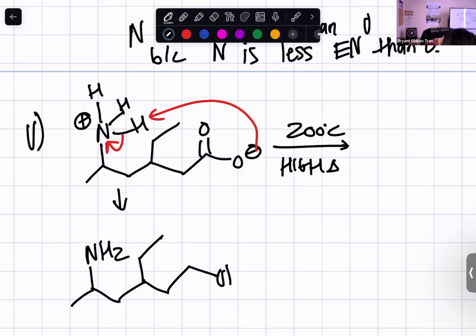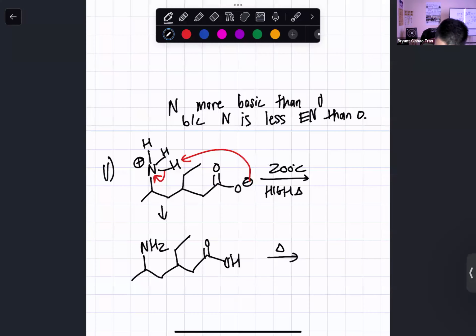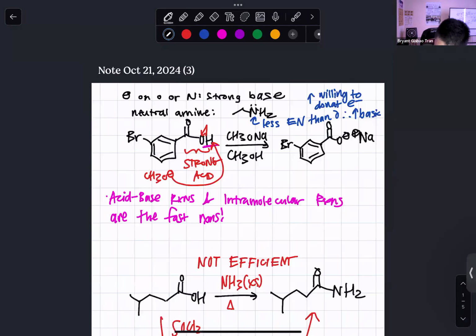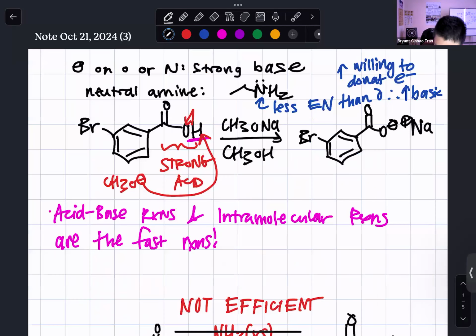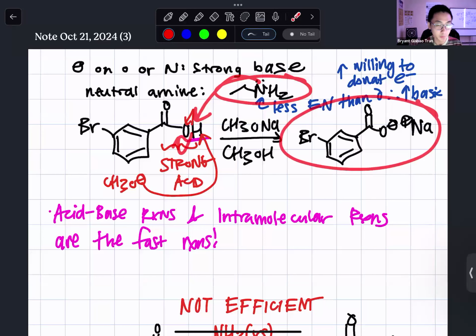So usually without high heat, like I said earlier in the beginning of the session, this amine right here would deprotonate the carboxylic acid to create the carboxylate in normal room temp conditions.